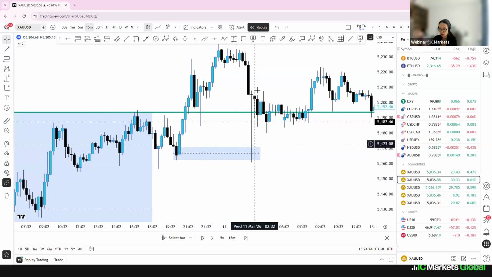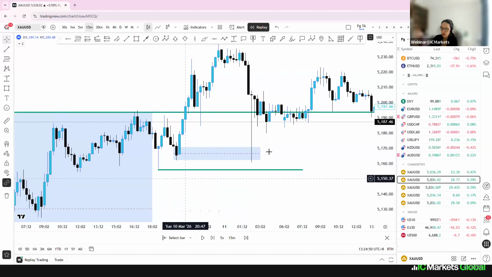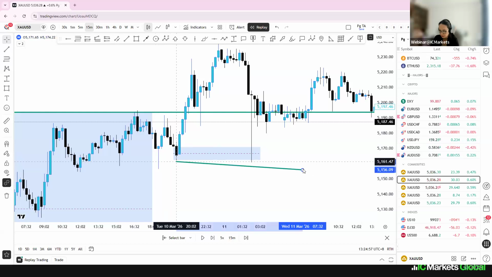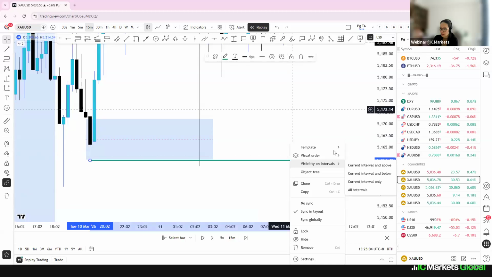Let's say it triggers your buy entry, with the stop loss for both below this swing low. Whenever you put the stop loss, you don't use the recent swing low, which is here. If you put it at exactly what you see, you're going to get liquidity.